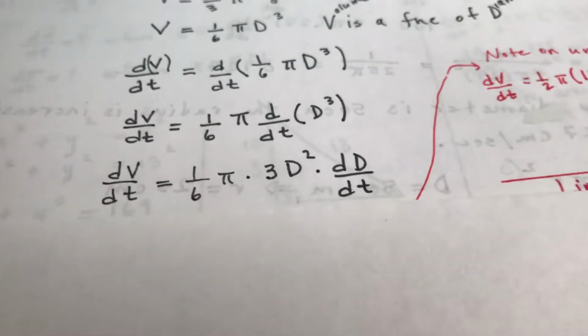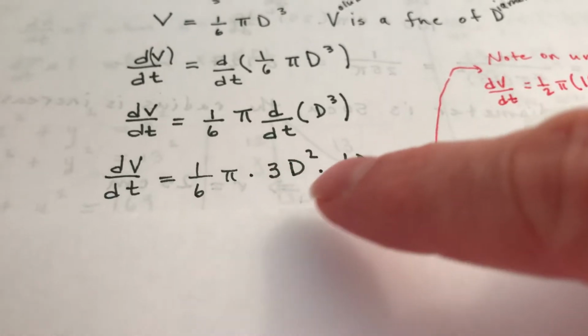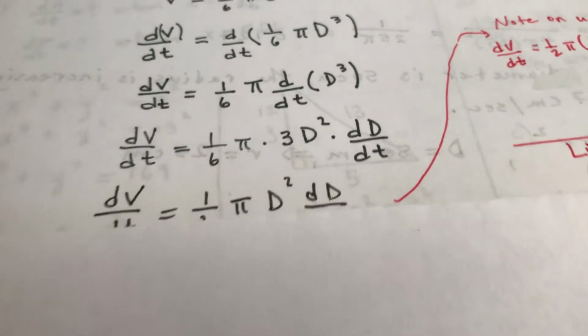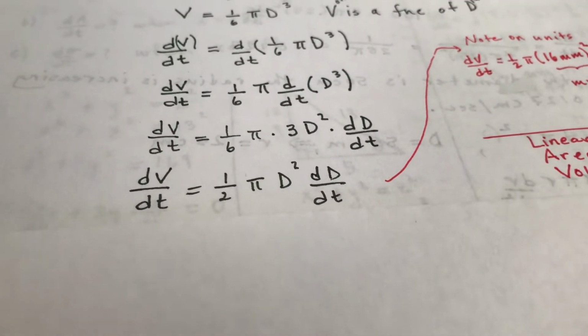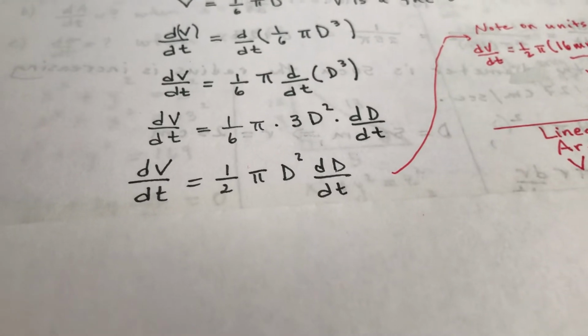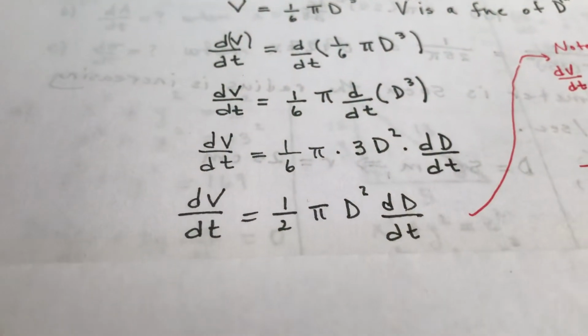In this case, whatever the variable is, like V, has to be written as dV/dt, and now I get 3d squared times dD/dt. I'll simplify that. The 3 and the 6 cancel, you get 2 in the denominator, and I have 1/2 pi d squared dD/dt.